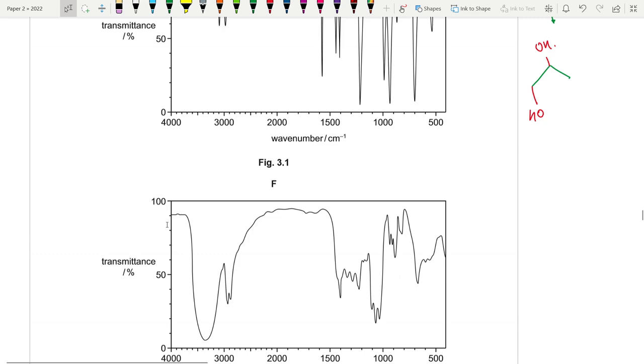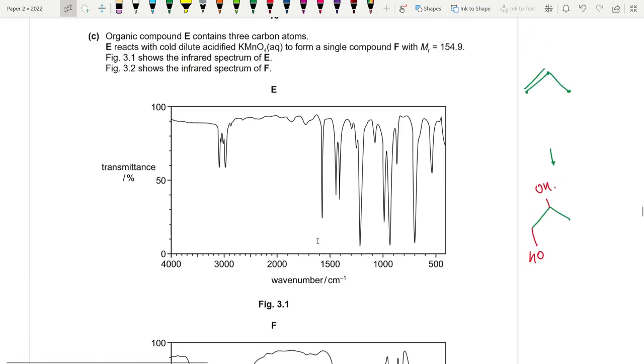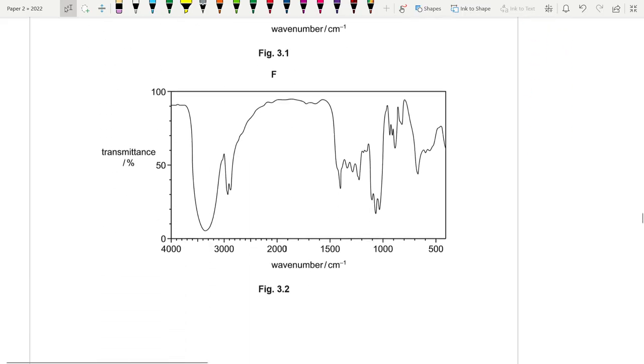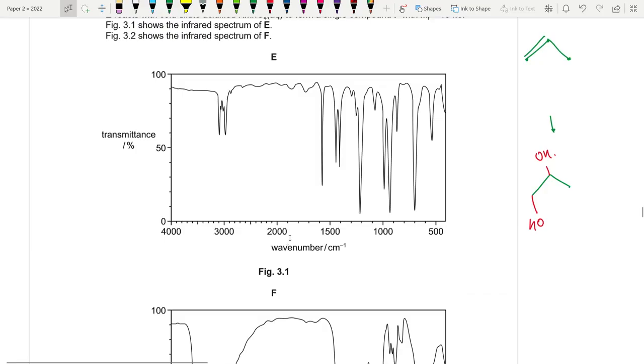Remember that you get a broad peak due to any form of hydrogen bonding, like in amines, carboxylic acids, alcohols, etc. So this just proves that we got an alcohol group. Okay, that's great.